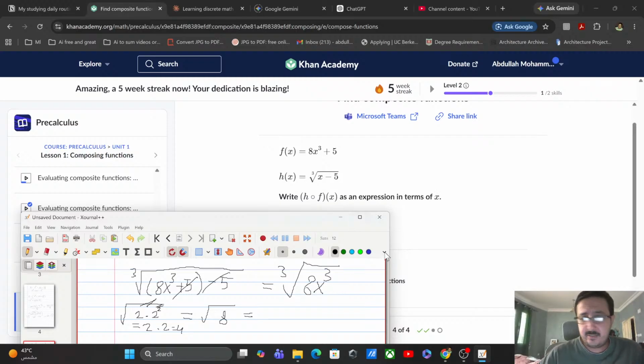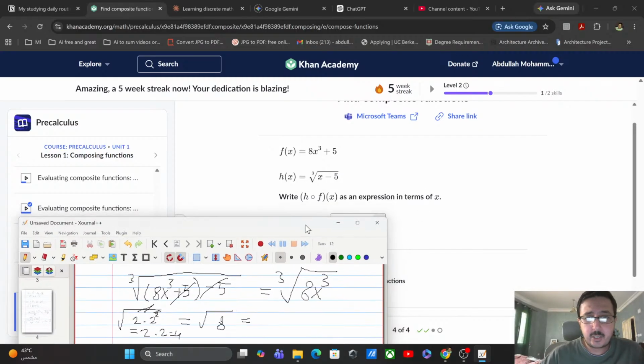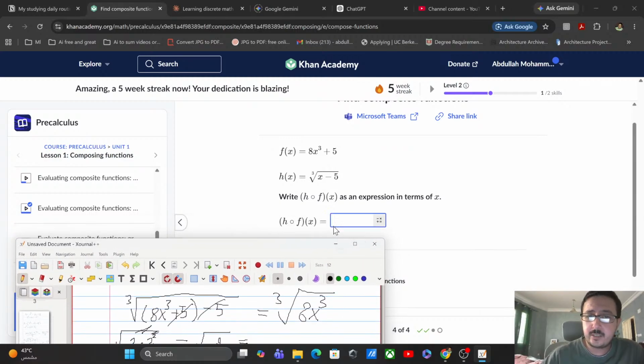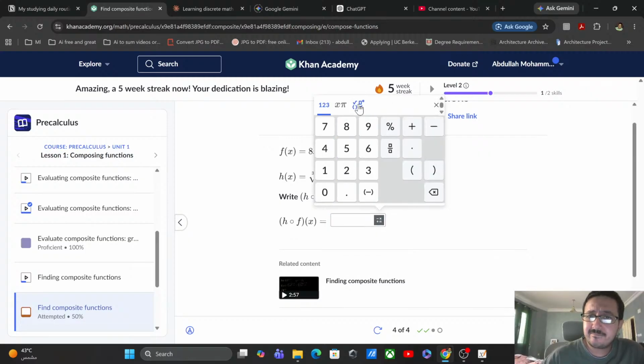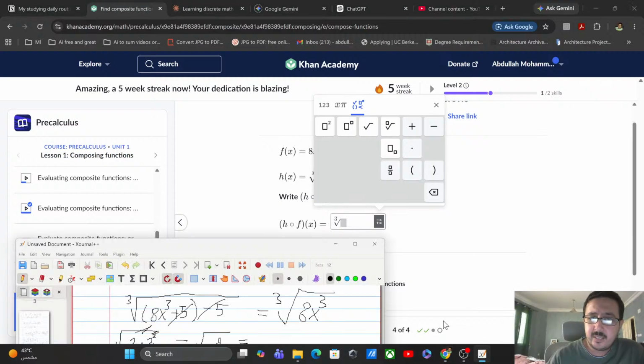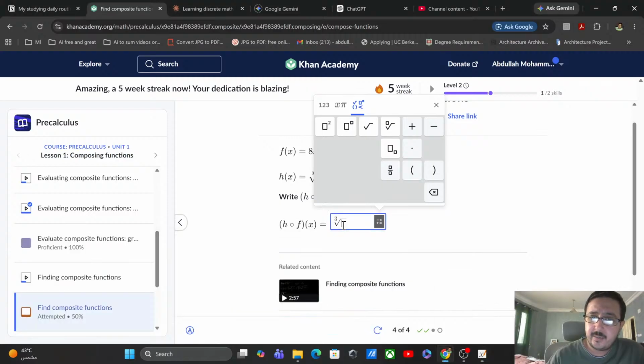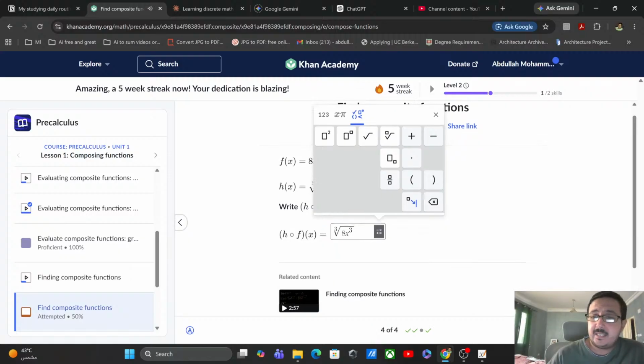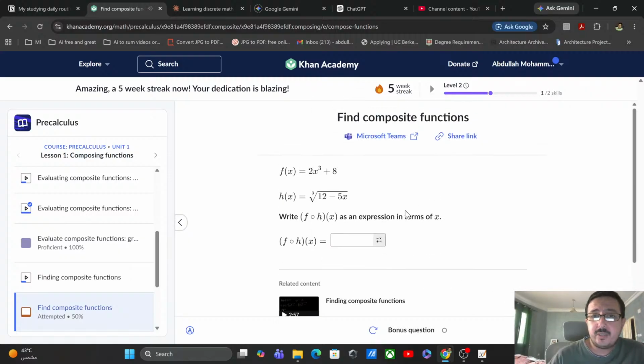I'm gonna plug this in and ask Claude right after if my logic is correct. I got the cubic root of, what do I have? 8x to the power of 3. Bonus question.